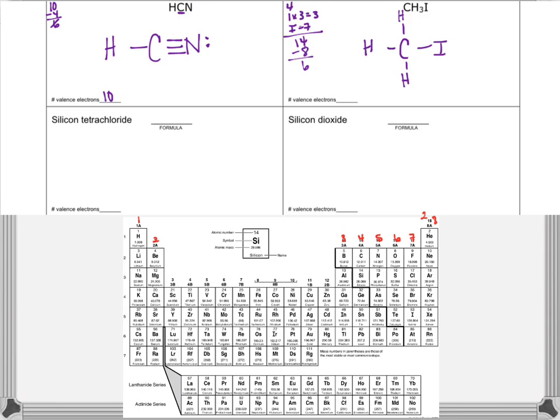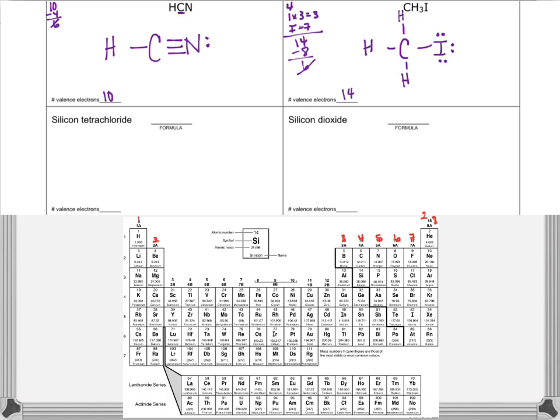Alright, so all the hydrogens are happy. Okay, and now these 6 are going to be used for iodine because that's the outermost atom. 2, 4, 6. So I use them all, I cross out my 6. So iodine's happy with 8, and it just so happens that carbon is also happy with 8.